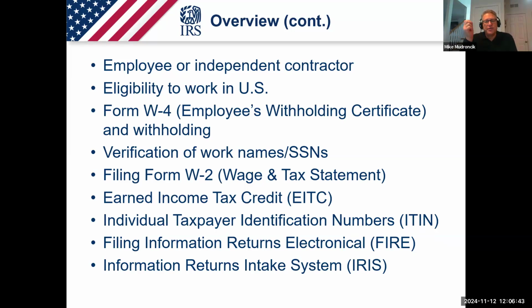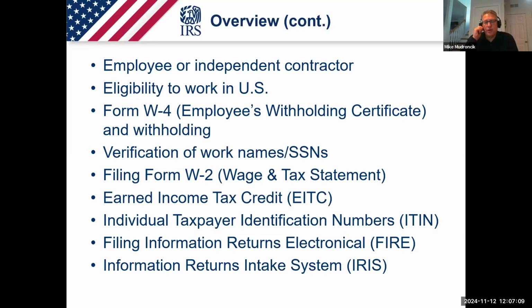I mentioned that you as the employer, if you've got employees, you'll have to withhold federal income tax from the employee's pay and pay it over to the IRS. The employee identifies how much federal income tax should be withheld by filing with you, the employer, this Form W-4.